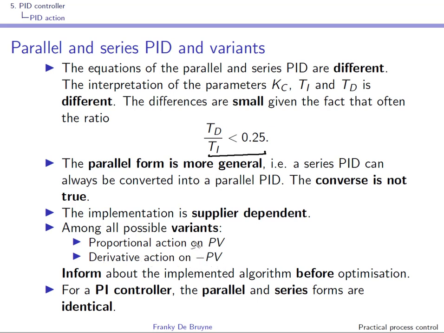We have seen this in the example of the PID controller in the Siemens PCS7 system. So you should always inform yourself about the implemented algorithm before you start optimization. And this is important as well: for a PI controller it doesn't matter if you're working with the parallel or series form because they are identical.